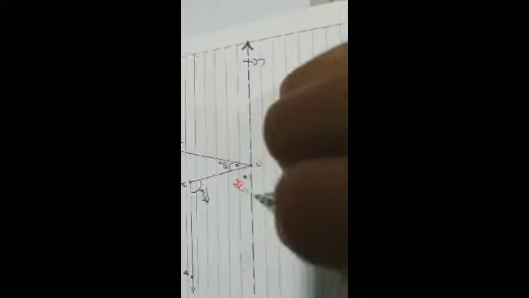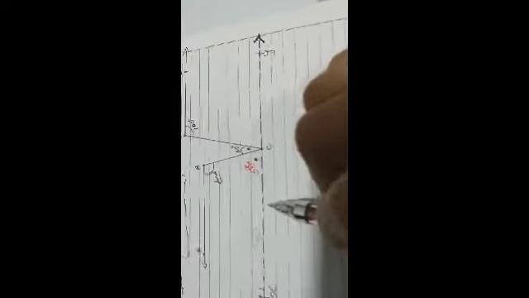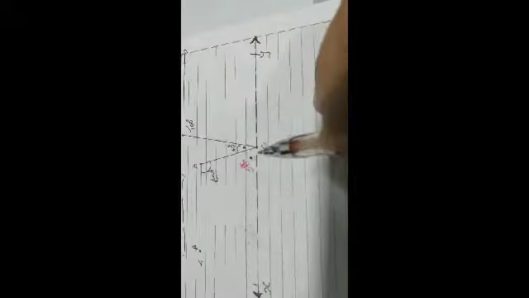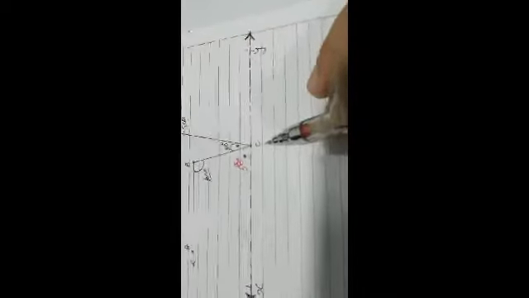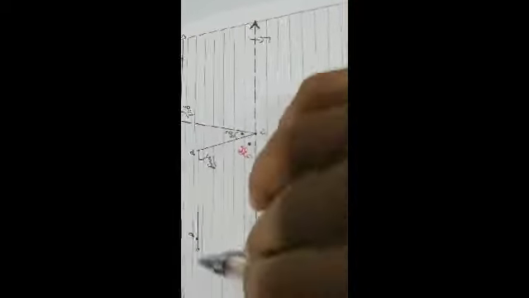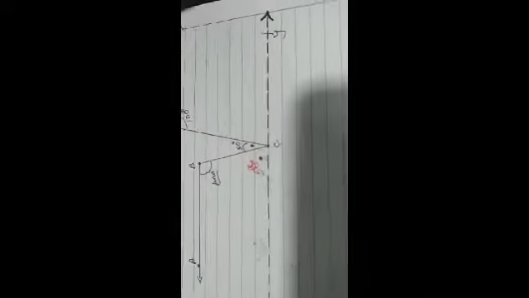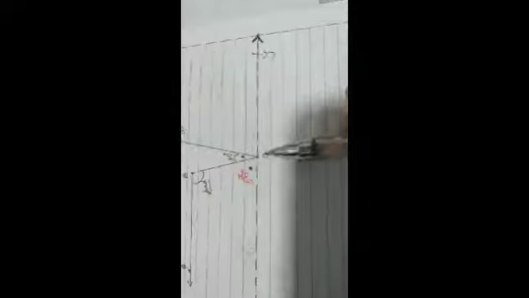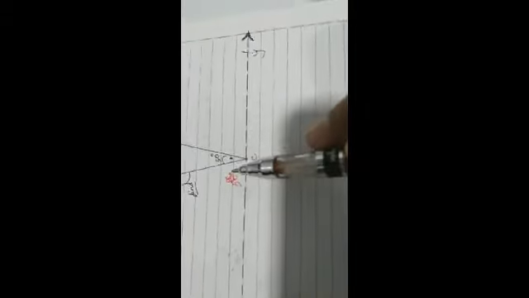Now let's consider line XY is parallel to line AB, and segment BC is a transversal. Now with the parallel lines, we have to find angle ABC. Angle ABC and angle XCB are interior angles lying on the same side of the transversal.